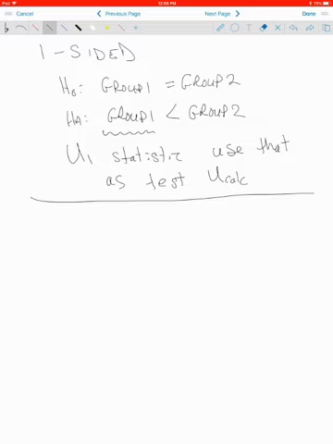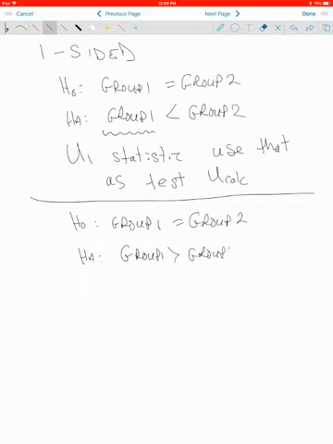If you have the opposite, so again, it's going to be a one-sided test, same null hypothesis, group 1 equals group 2. The alternative now is the other way around. Group 1 is greater than group 2, whatever they happen to be measuring. Then you do the opposite.